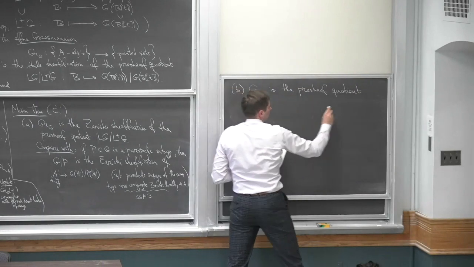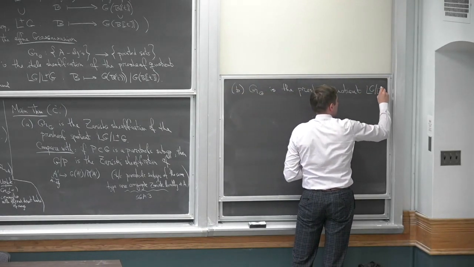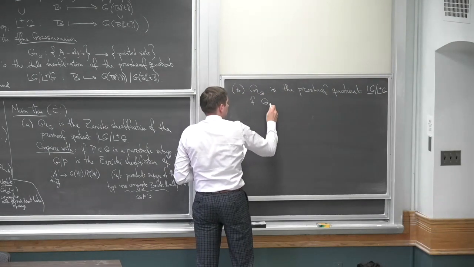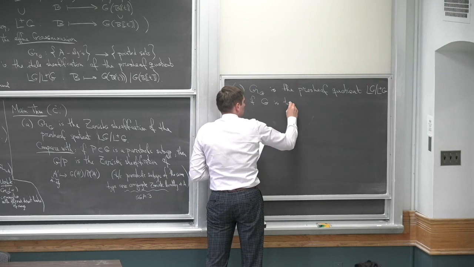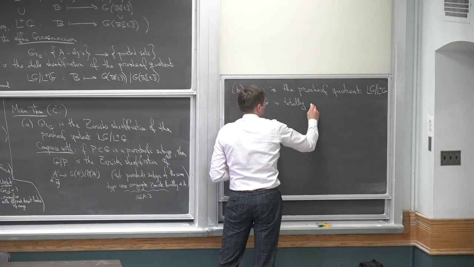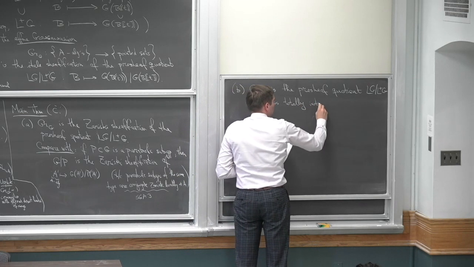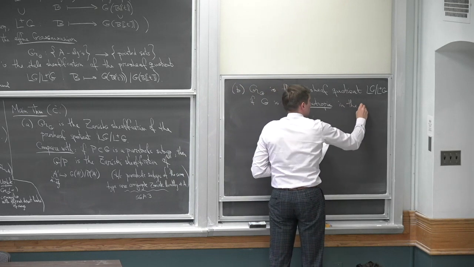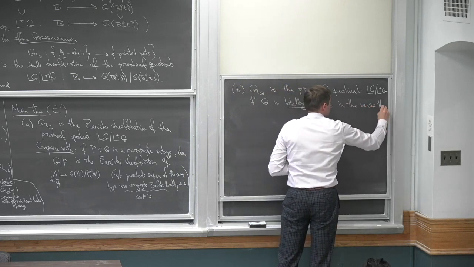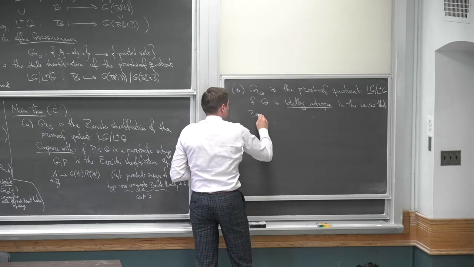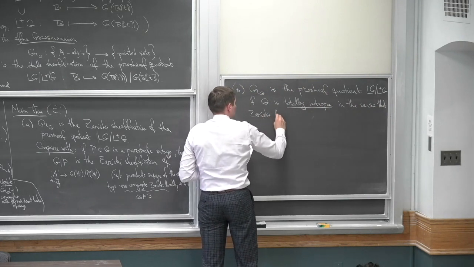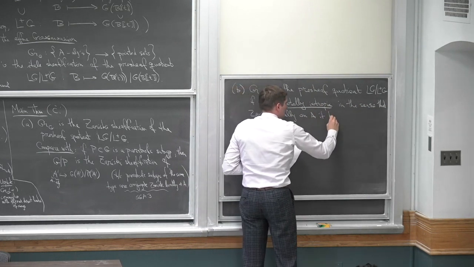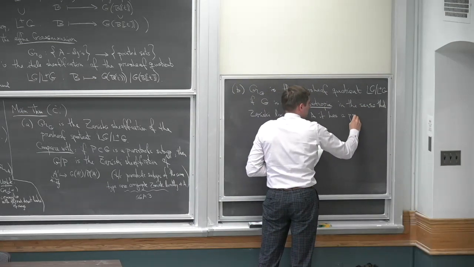It's a presheaf quotient LG mod L^+G if G is, for instance, split, or quasi-split, or more generally totally isotropic, in the sense that Zariski locally on A it has a proper parabolic subgroup.